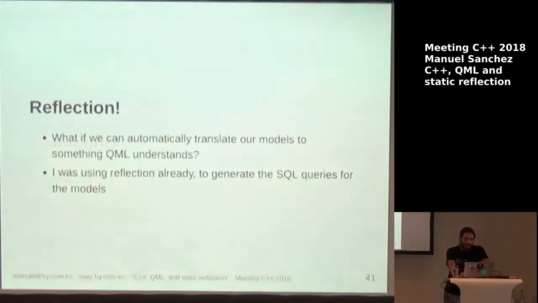I was trying to find a way to translate the usual standard C++ structs or classes or whatever into something that QML understands. Something that will translate your existing models into something with Q_PROPERTYs and signals and all the stuff needed for QML to understand your model.